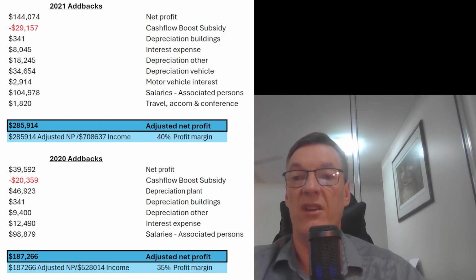Once again, you have the cash flow subsidy, so you'd have a look at taking that out. You don't have a bad debts, so that's better. But you do have depreciation planned. So that 46,000 you would add to your profit and loss. So you'd lose 20,000, but you add 40, so you're 20 grand up. Depreciation, you've got another almost 10 grand there, so you're 30 grand up.